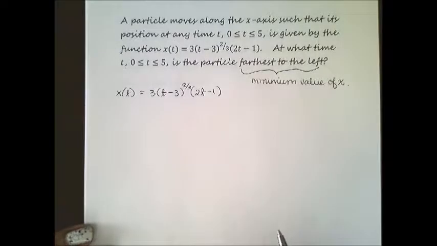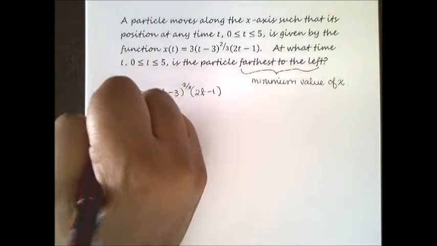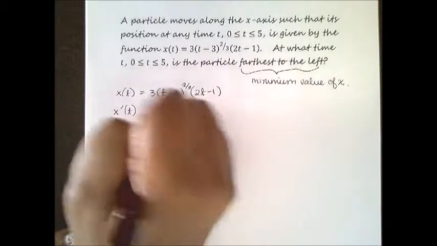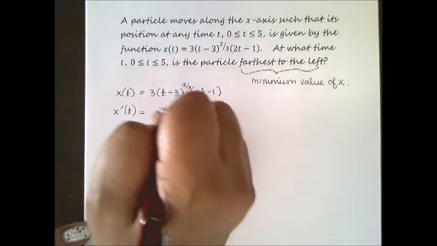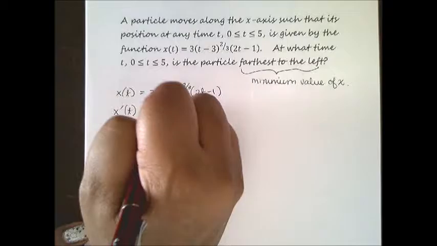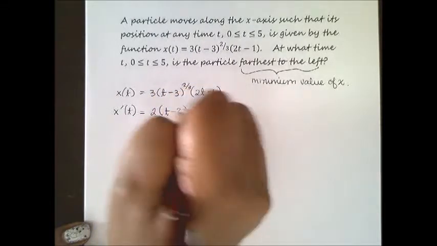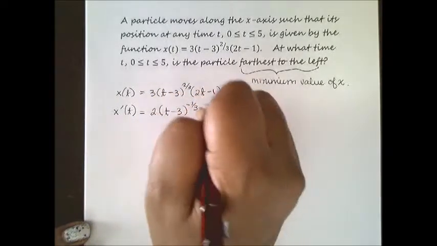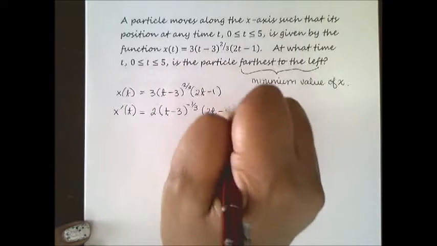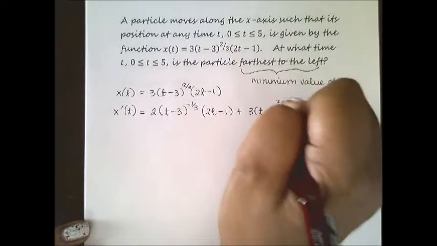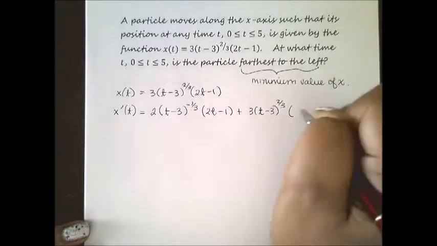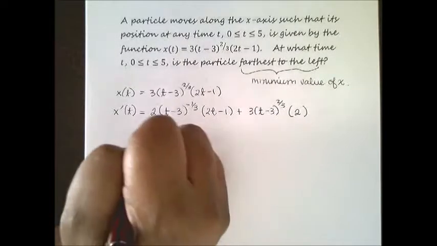So in order to optimize this, I'm going to need to find the first derivative so I can find the critical points. So x prime of t is equal to, I'm going to use the product rule. 2/3 times 3 is 2 times t minus 3 to the minus 1/3 times 2t minus 1 plus 3 times t minus 3 to the 2/3 power times the derivative of 2t minus 1, which is 2.